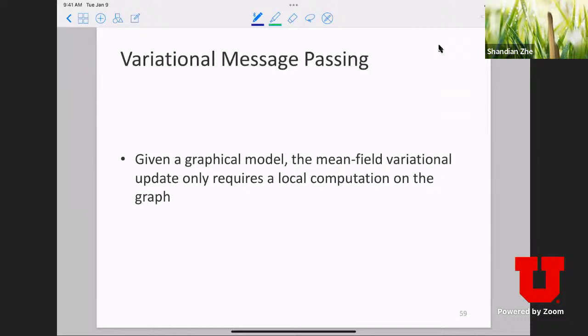But later, let's see if we have enough time to introduce that. But performing variational inference gives you one way to do message passing. So variational message passing tells us that, given the graphical model, the mean field variational update only requires a local computation on the graph. The local computation is restricted to the Markov blanket.